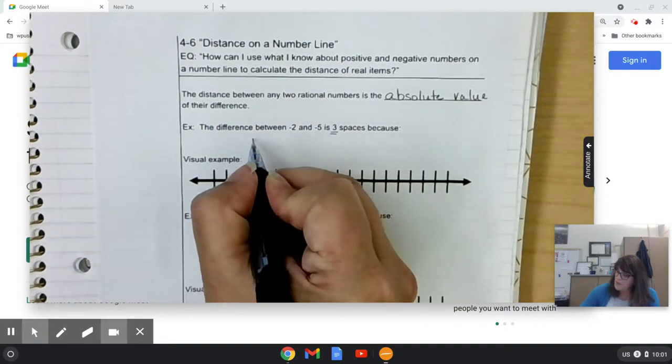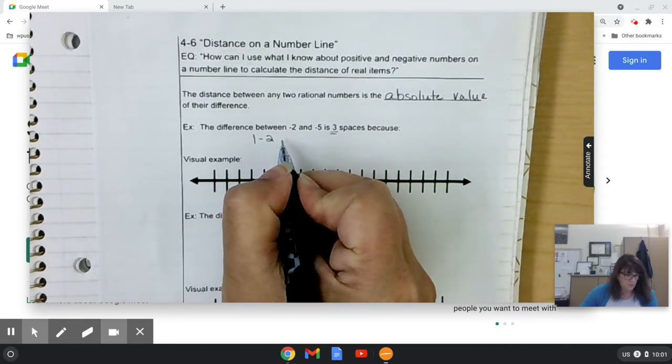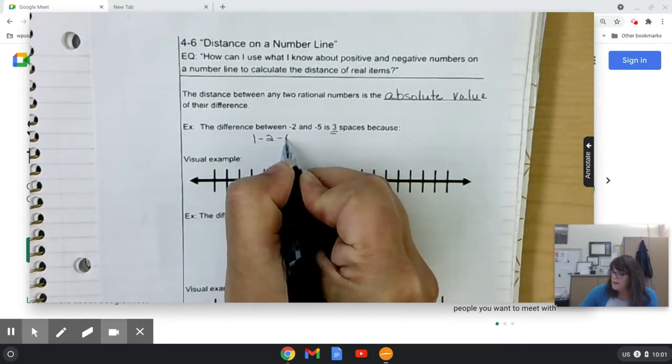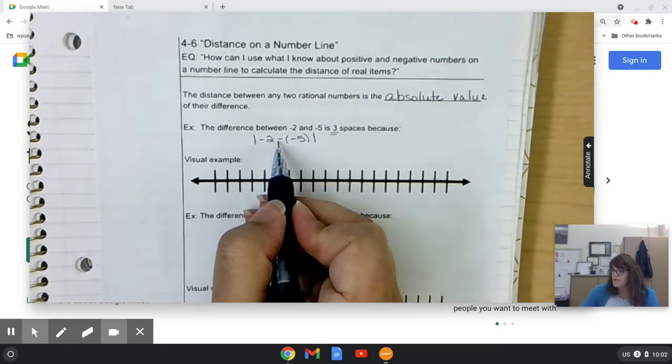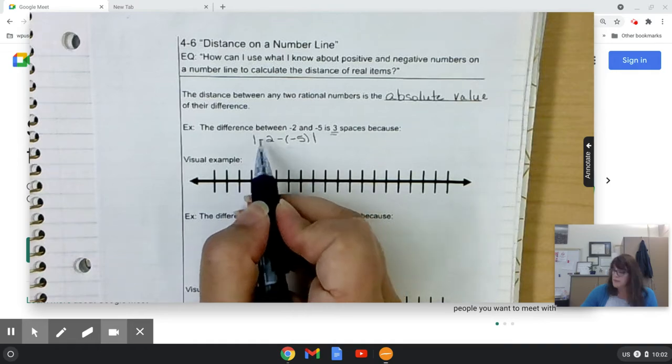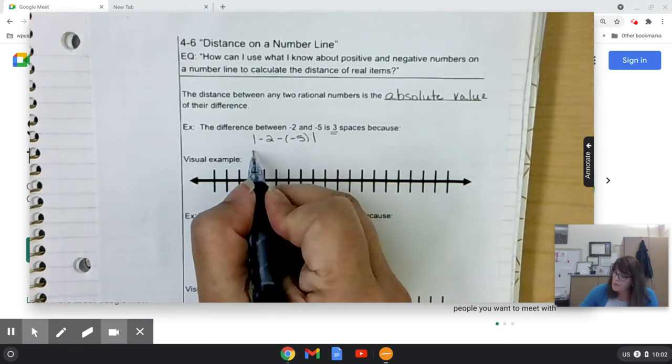Okay? So absolute value, -2 and -5. Difference means subtraction, absolute value, okay?